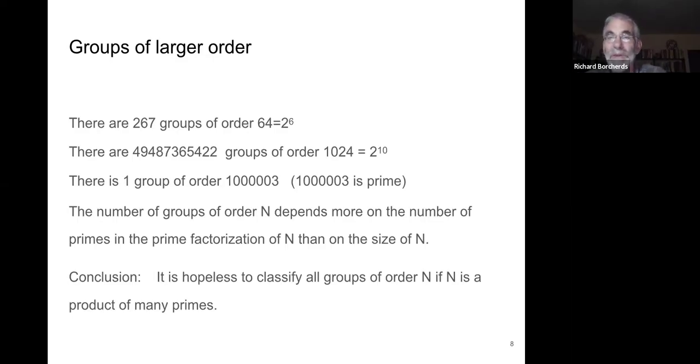So for instance, for 1024, there are 10 primes dividing the order, and that means there are a huge number of groups of that order, whereas for 1,000,003, there's only 1 prime, so there's only 1 group. So we find classifying all groups of order n is just hopelessly complicated if n is large.